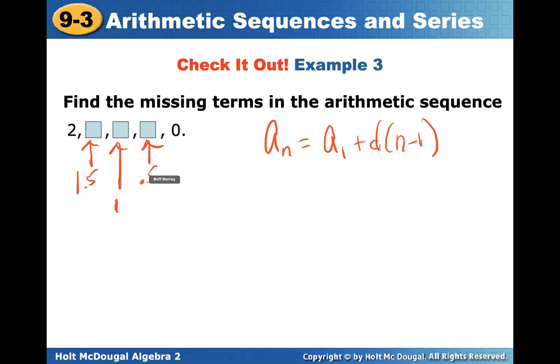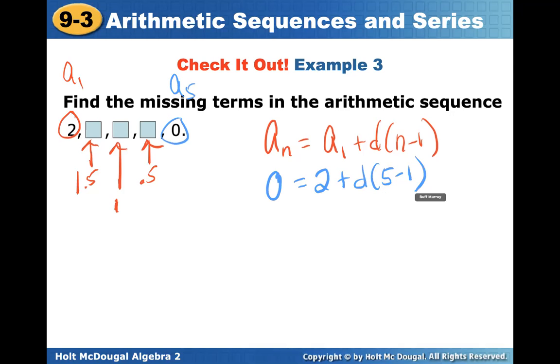Is that right? So realistically, the key to unlocking this issue is you've got to find the difference. Now, keep in mind, this is our first term. And this is our fifth term. So that's what I'm going to use. I'm going to say our fifth term is our first term plus the difference times 5 minus 1.